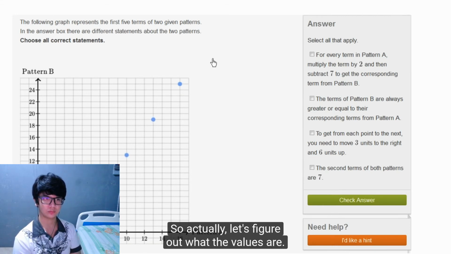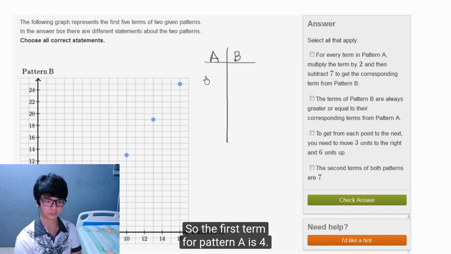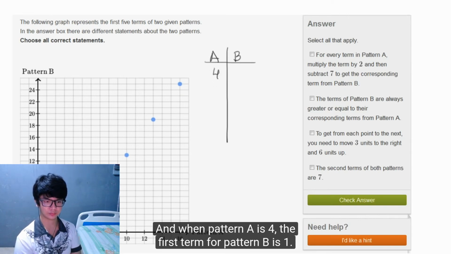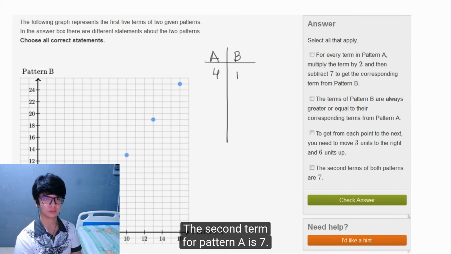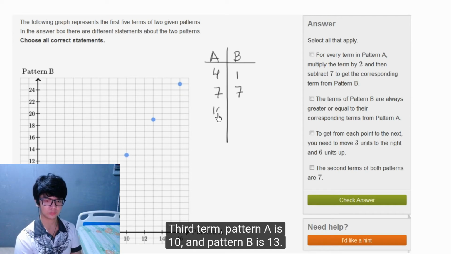So actually, let's figure out what the values are. So we have pattern A, and then we have pattern B. The first term for pattern A is 4. And when pattern A is 4, the first term for pattern B is 1. The second term for pattern A is 7. And when pattern A is 7, pattern B is also 7. Third term, pattern A is 10, and pattern B is 13.